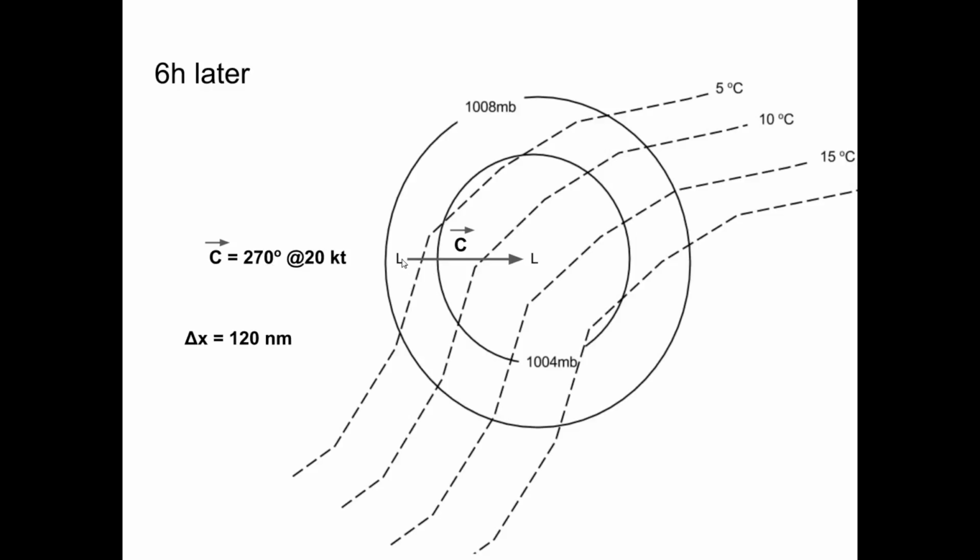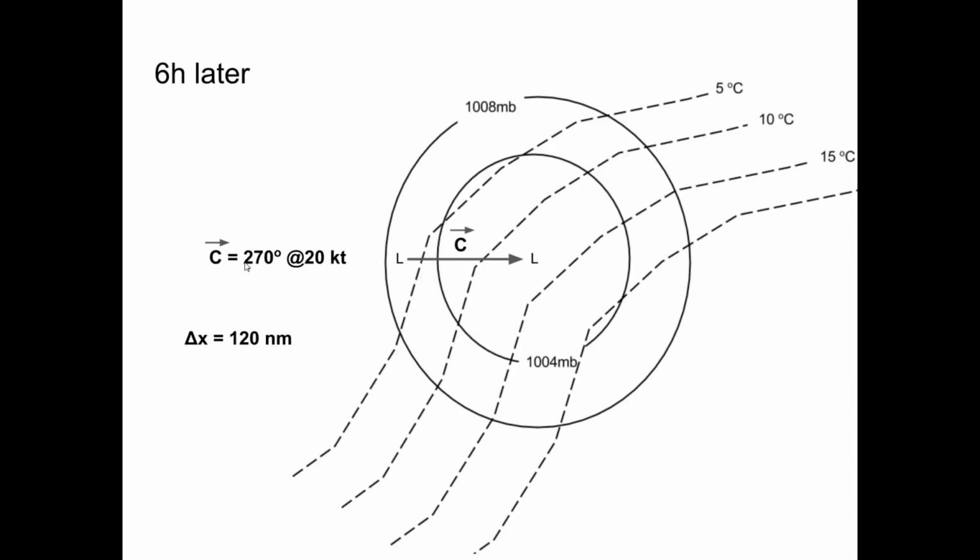So we could track this. We could take a look at the location of the surface low at one time, see the location at a later time, look at the difference between those, and divide that over the time difference, in this case 6 hours, to come up with a system motion vector, C.